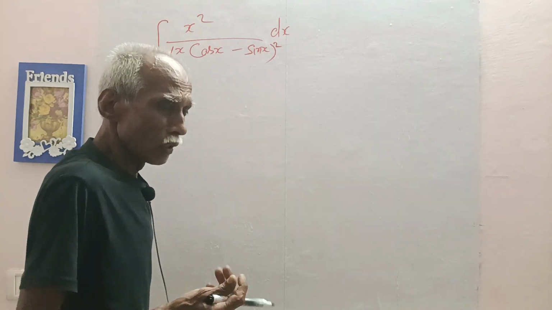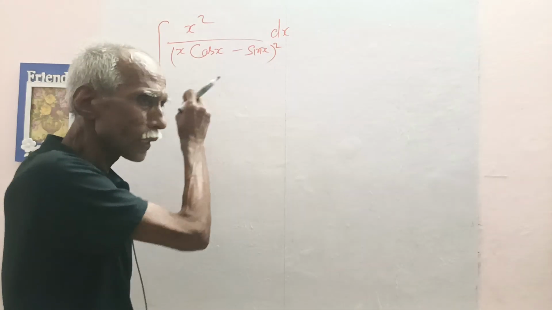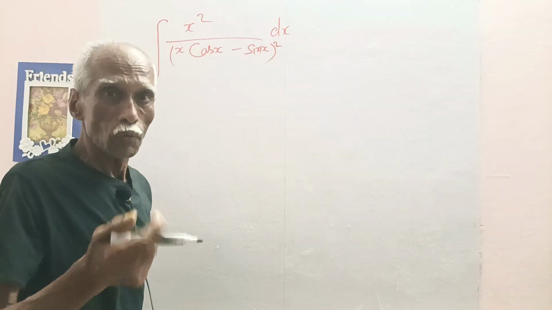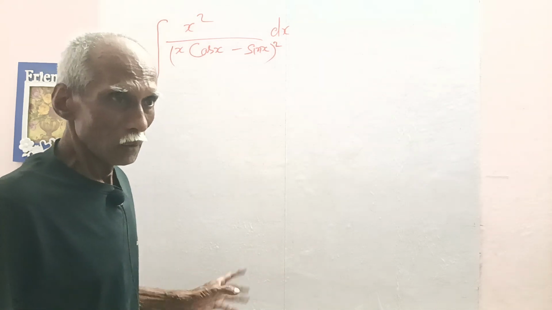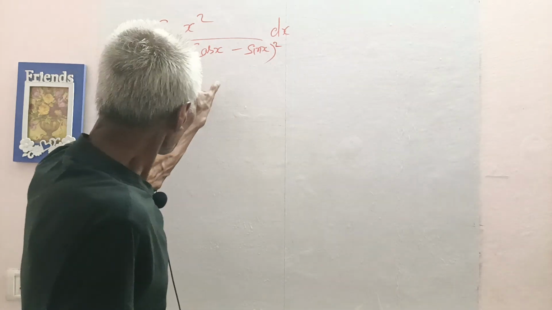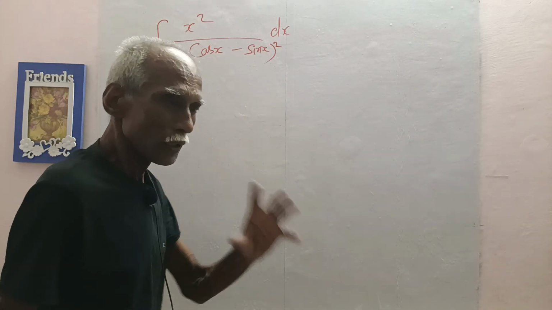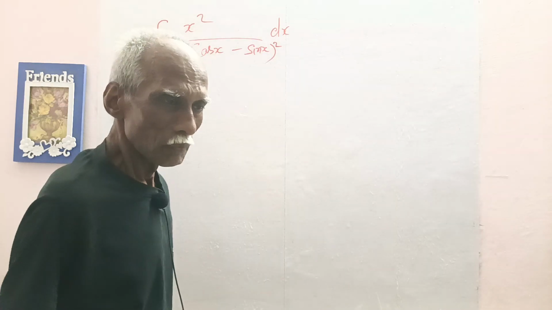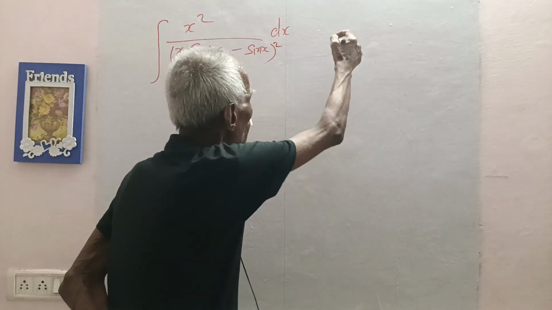And sometimes by taking that number we are not able to solve the sums. Then what do we have to do? We have to do something different. What different? Sometimes we find out the differential coefficient. See, the differential coefficient of the denominator.